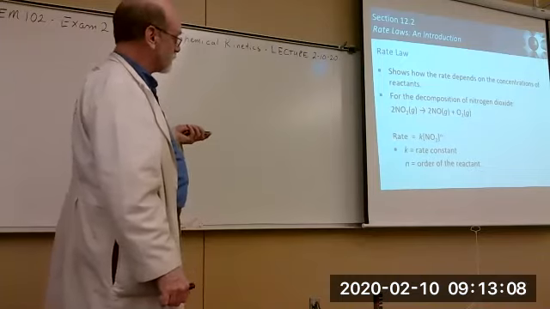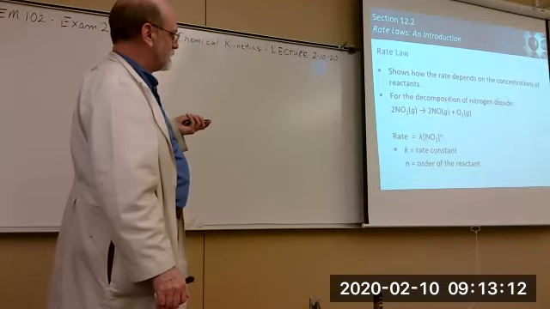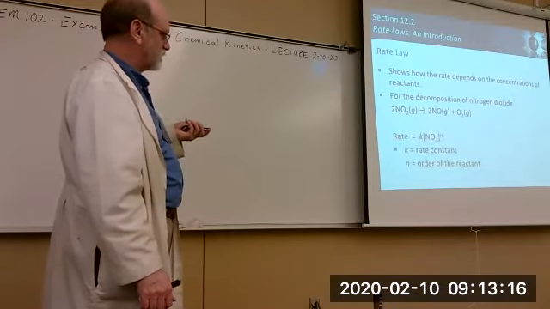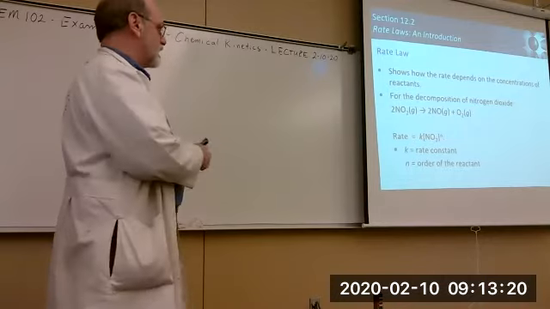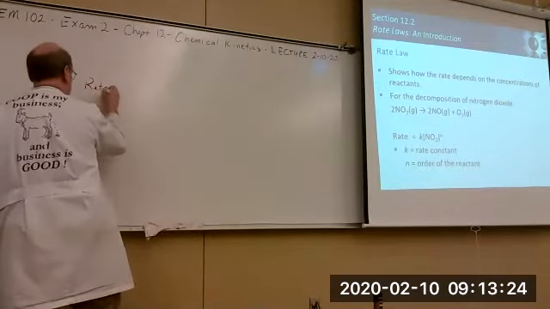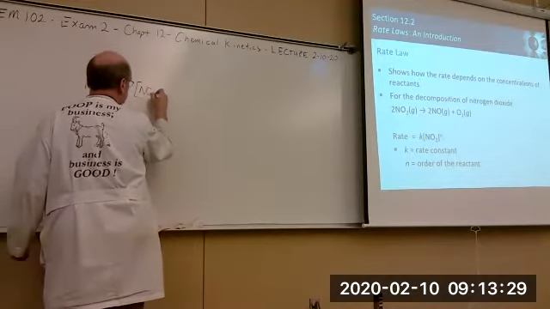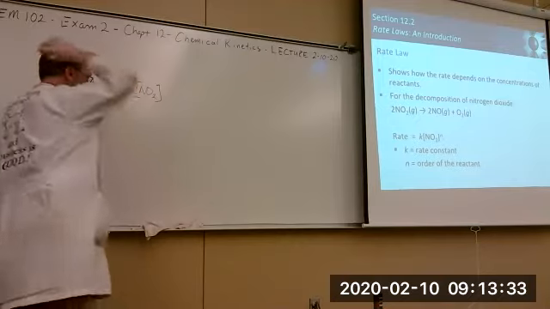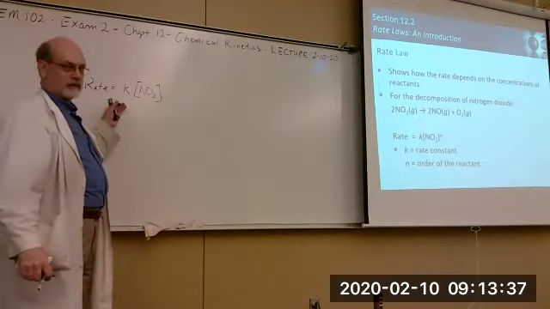So for this one, we're going to express it in terms of the disappearance of NO2. The rate of that reaction is expressed as the concentration of the NO2 times some constant value, and that constant value has to be determined experimentally.